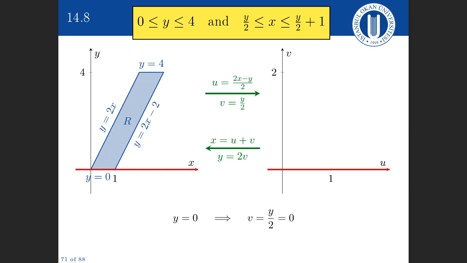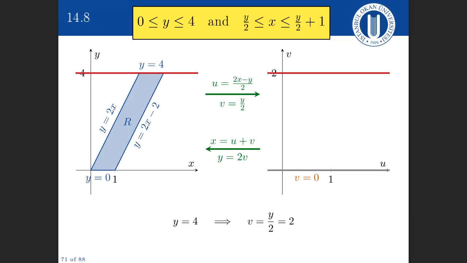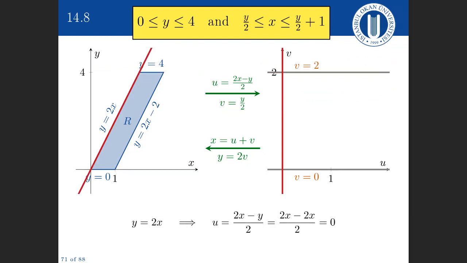In the xy plane, we have the line y equal to 0. That's the same as saying v is equal to 0. We also have this line at the top, y equal to 4. That's the same as saying v is equal to 2. So over here on the right-hand picture, I'm drawing v equal to 2. Next, in the xy plane, we have the line y is equal to 2x.